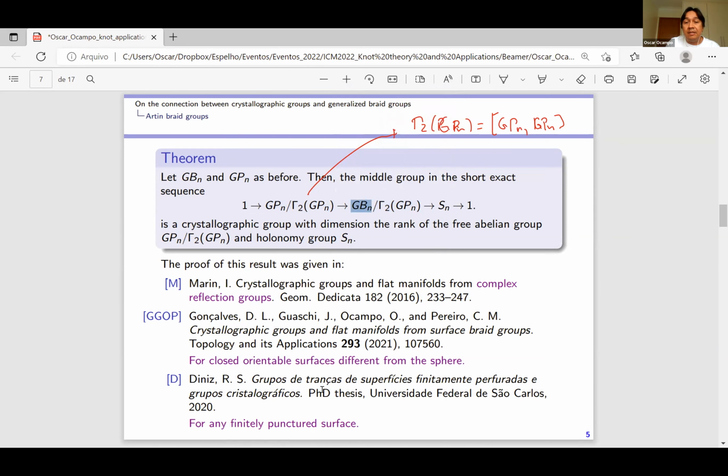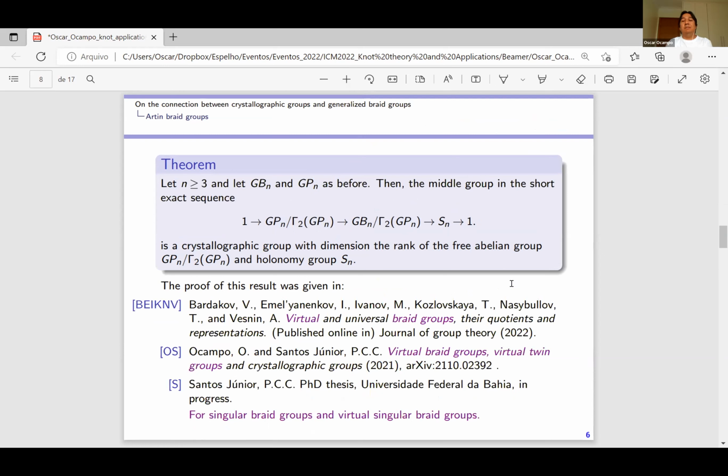In a PhD thesis, it was proved for finite-type surfaces. Then, more recently, Bardakov et al. stated that this quotient is a crystallographic group, and in fact it is the symmetric product of two points.